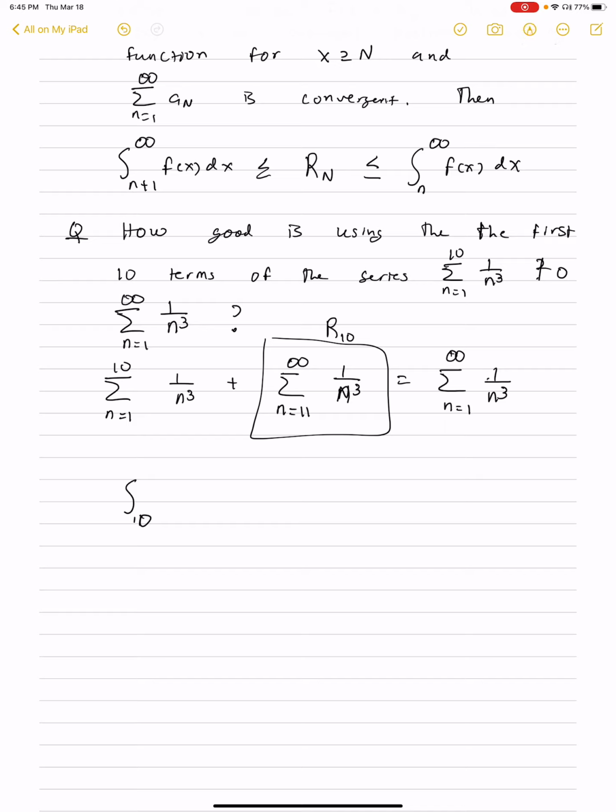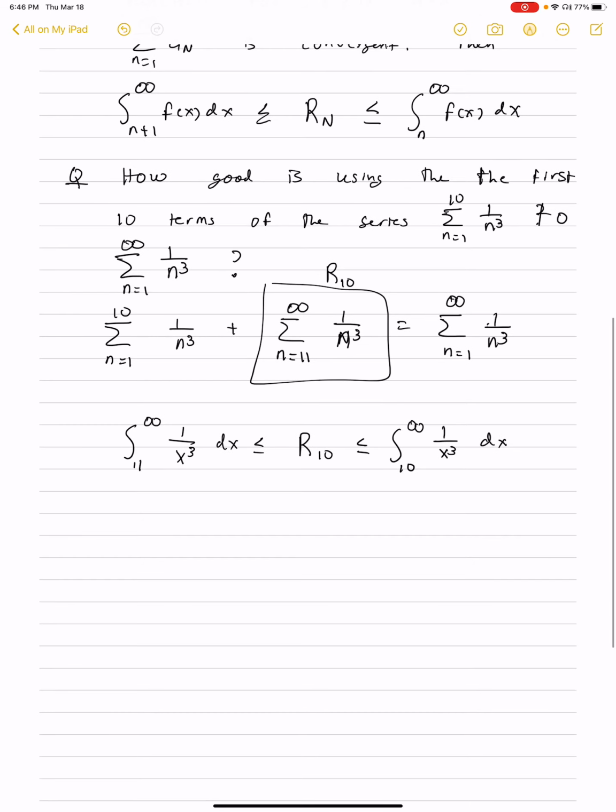Excuse me, one more. I had it right the first time. The integral from 11 to infinity of 1 over x cubed dx is bigger than or equal to this R sub 10, and the theorem says this is less than or equal to the integral from 10 to infinity of 1 over x cubed dx. Let's just calculate the maximum this could be.